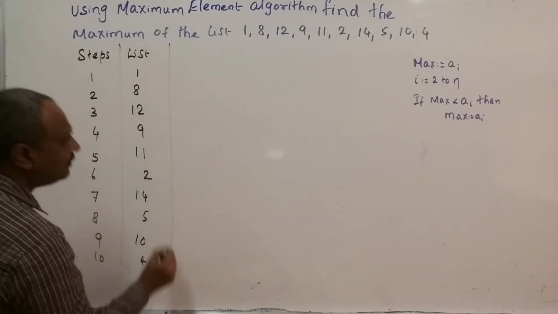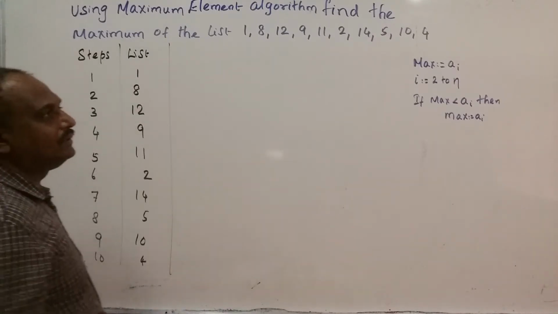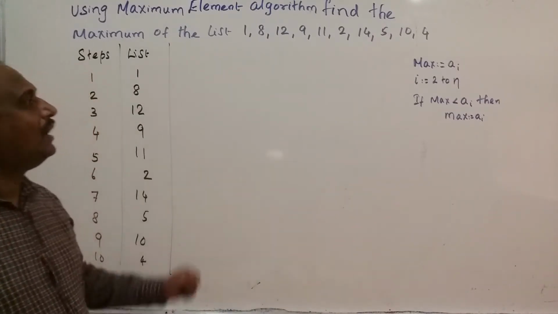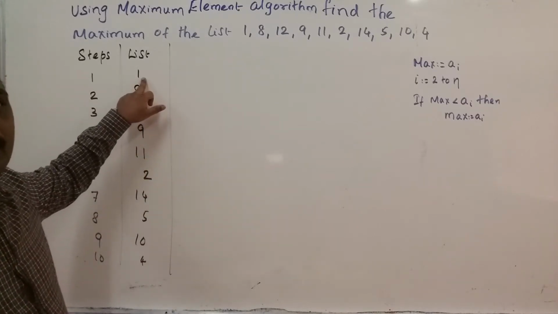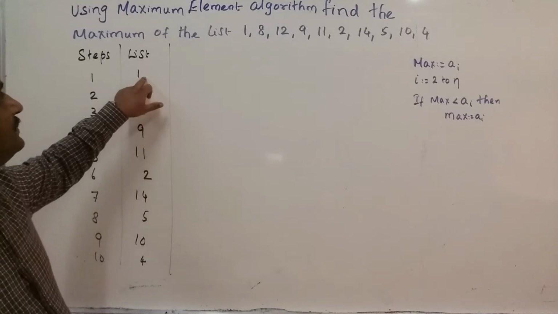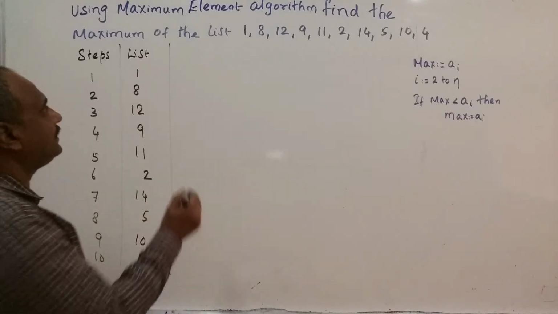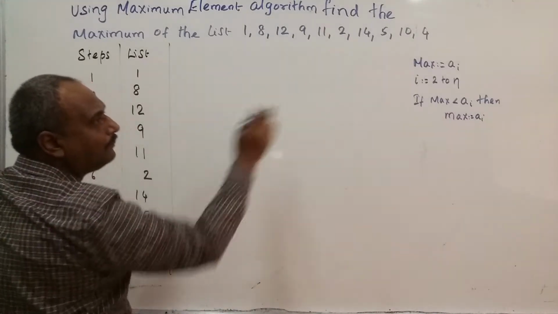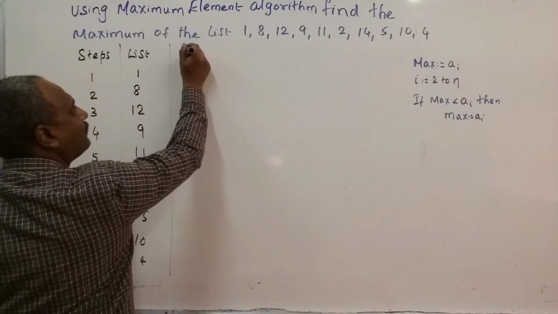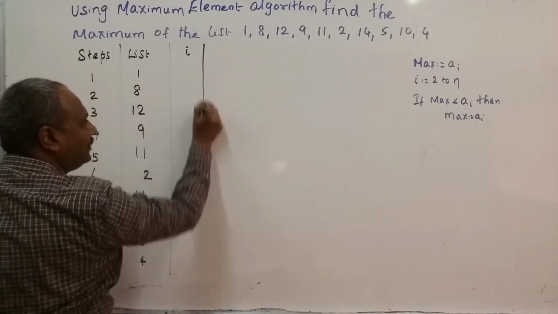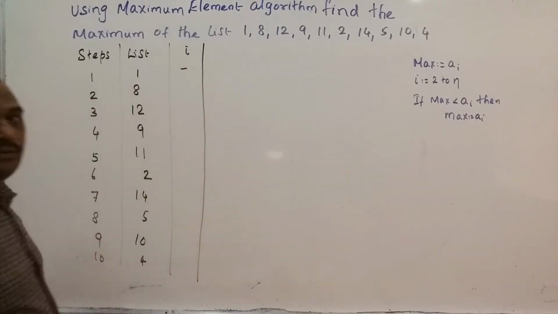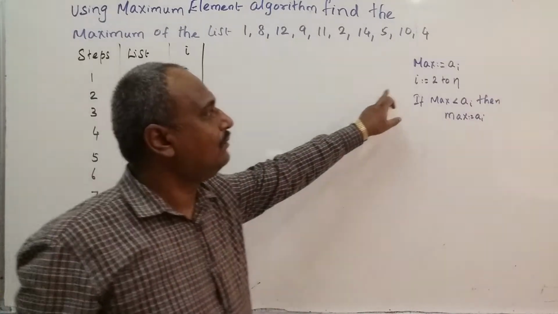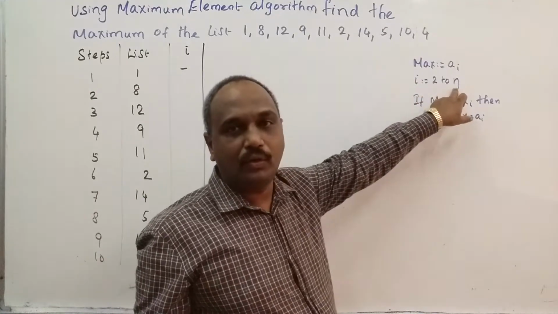In step 1, we are going to assume the maximum value as the first number. So how the computer works, this is what I am going to write. I am going to take the I value here. For the first step there is no I value, correct? The I value will start from 2 to n.